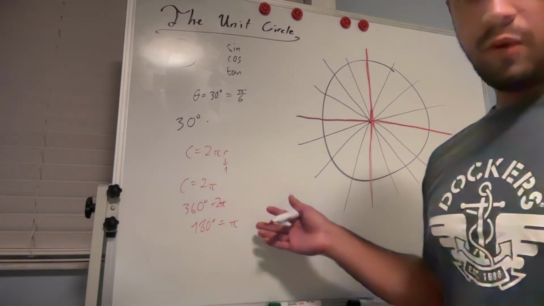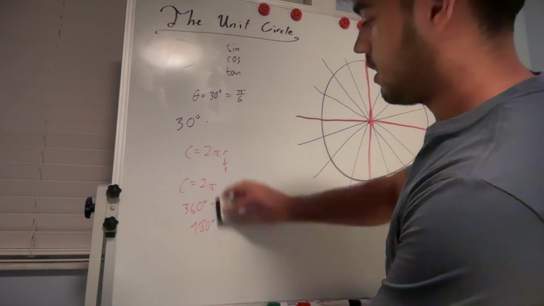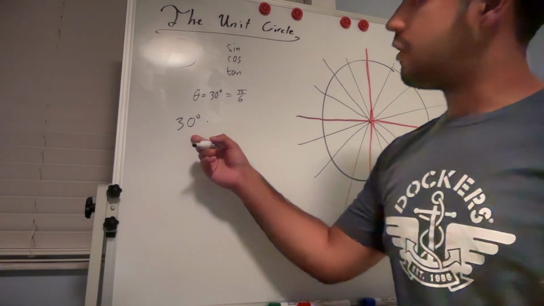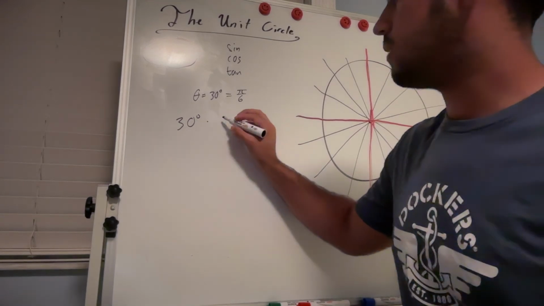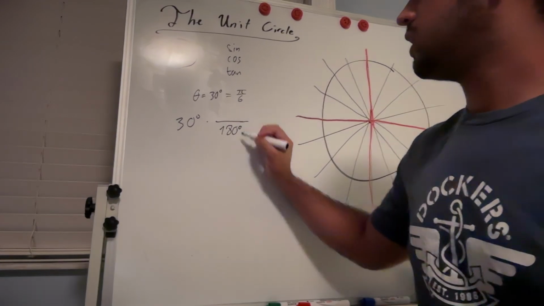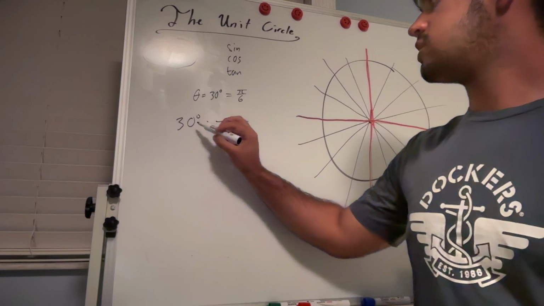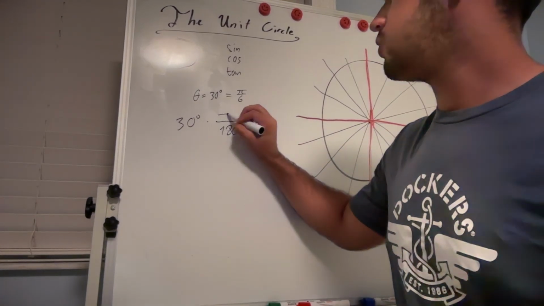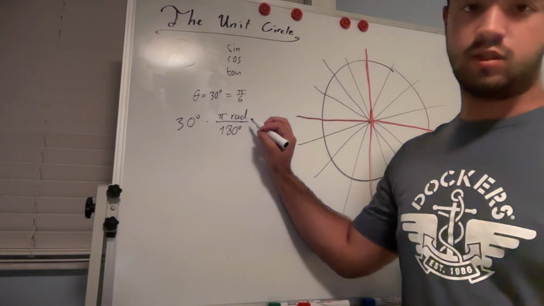So that is how we get our conversion factor for degrees and radians, which means that when we're converting 30 degrees to radians, we'll multiply 30 degrees times pi rad on the top and 180 degrees on the bottom, since 180 degrees is equal to pi radians.